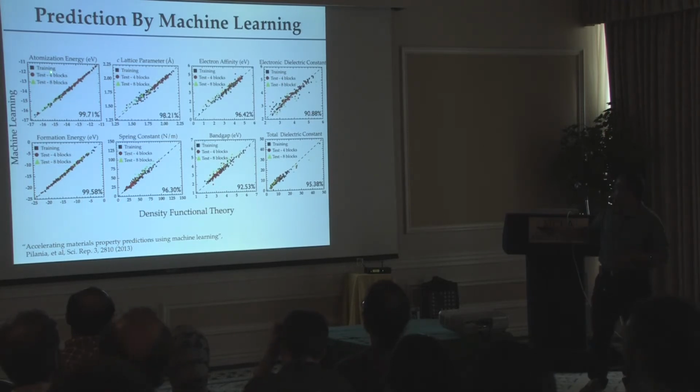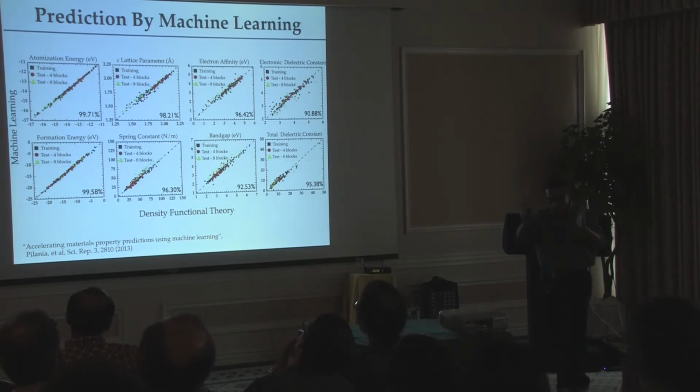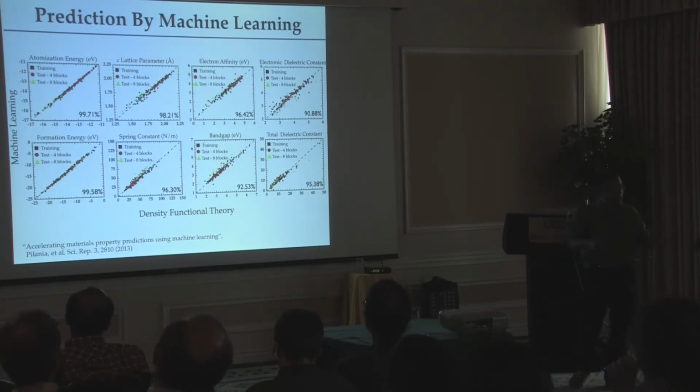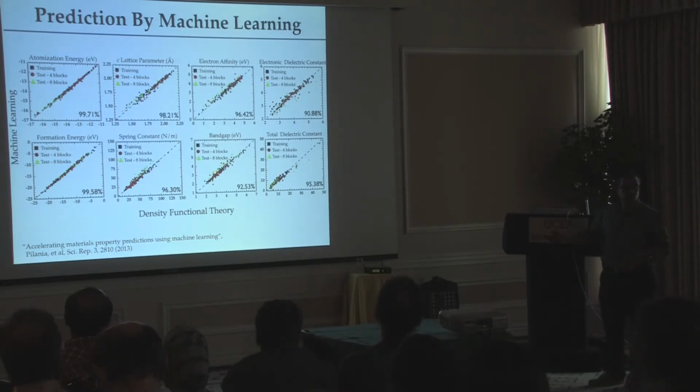We have our 200 or so examples of systems that have 4 blocks in the repeat unit, which we break up into a training set and a test set. The training set is represented by black squares. The test set is represented by red circles. And then we considered some 8 block repeat unit cases. More expensive to calculate using DFT, but we did a few of those, and those are also here. So we can actually predict.